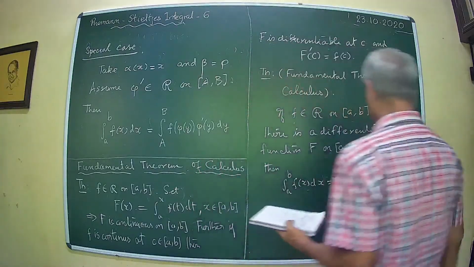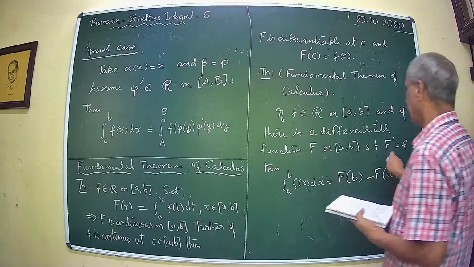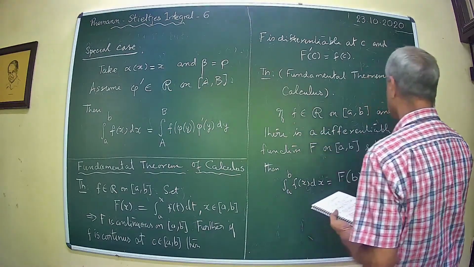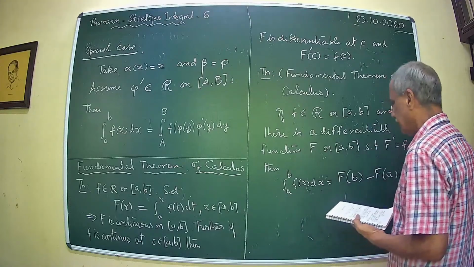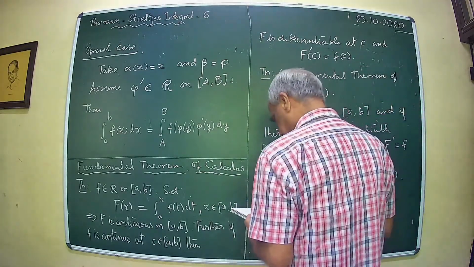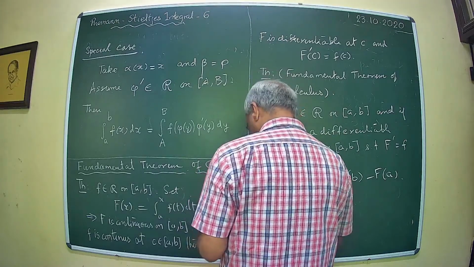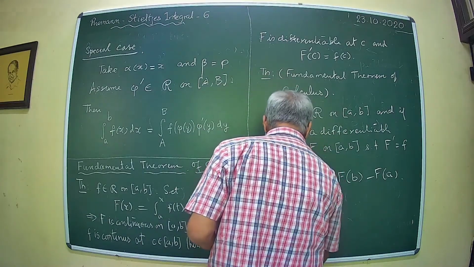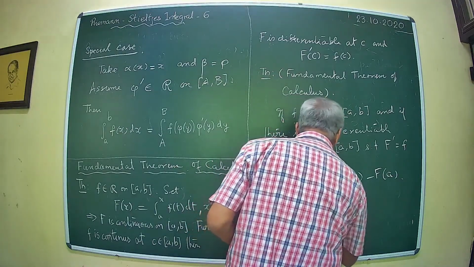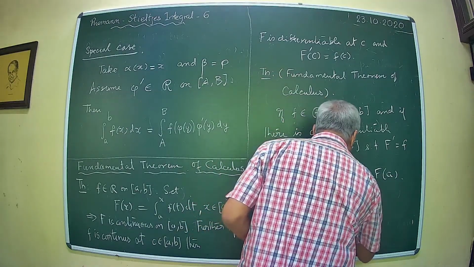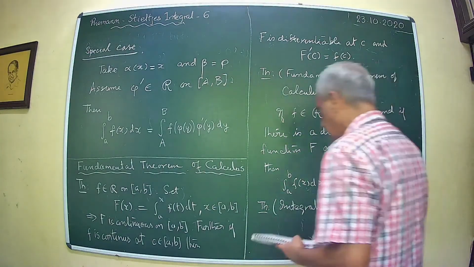This is fairly clear. We are assuming that f is Riemann integrable, and at every point F derivative is equal to f. Then we come to integration by parts.